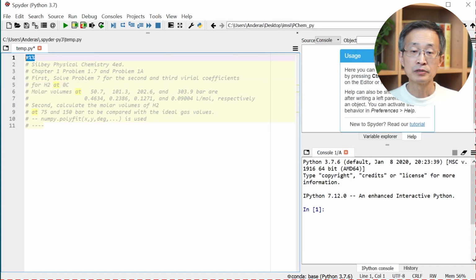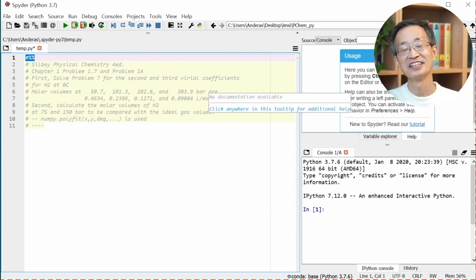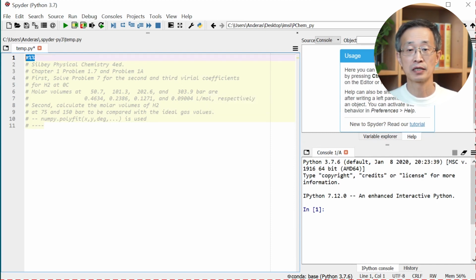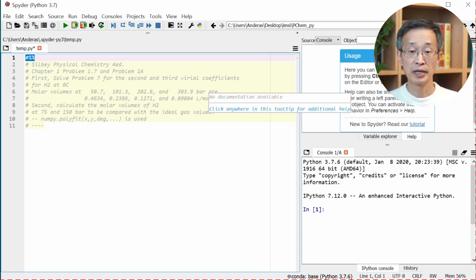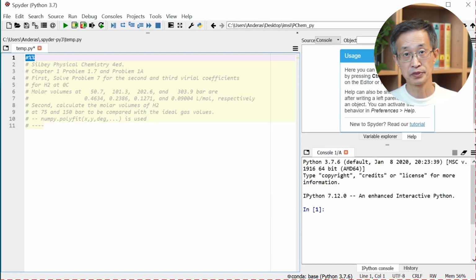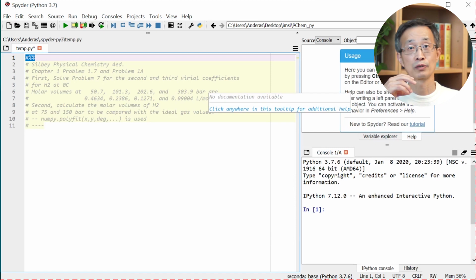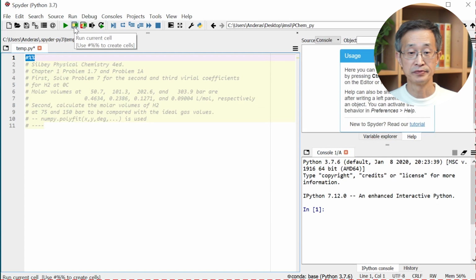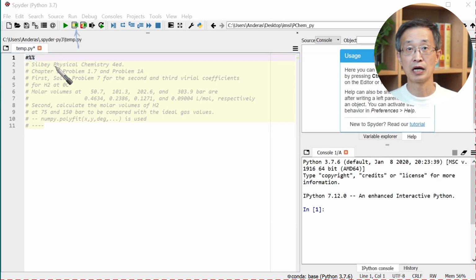By the way, pound percent, then another pound percent, is a special comment. It makes a chunk of code from here to the next pound percent, which will be run by this button. So out of your entire code, certain sections you can run separately.